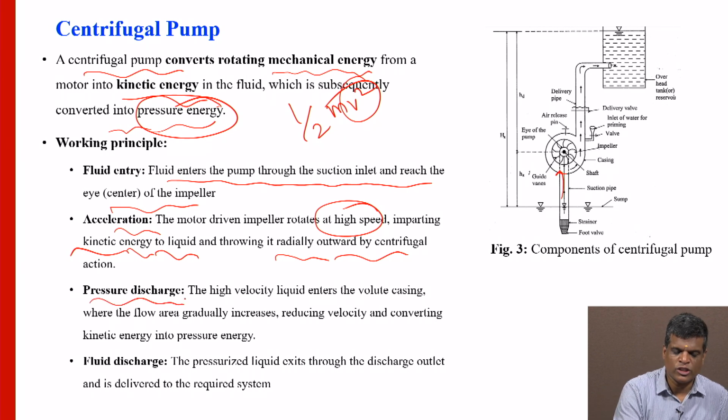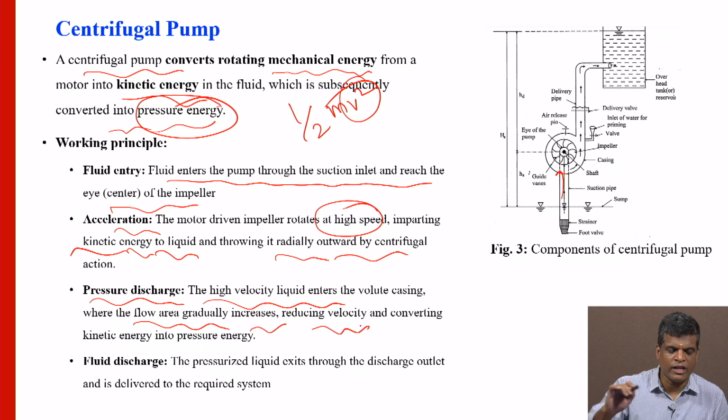So, at the pressure discharge here, the high velocity liquid enters where the flow area gradually increases. Then the velocity gets reduced, converting kinetic energy completely to pressure energy. So what is the fluid discharge here?